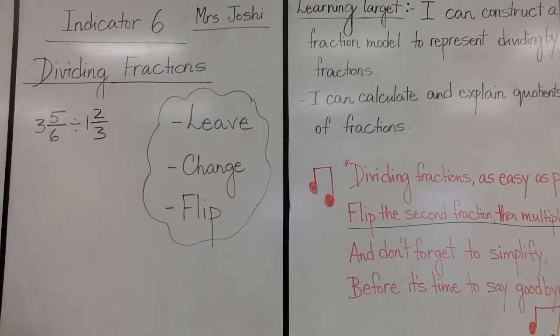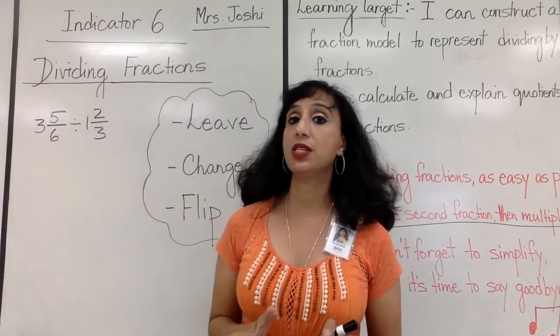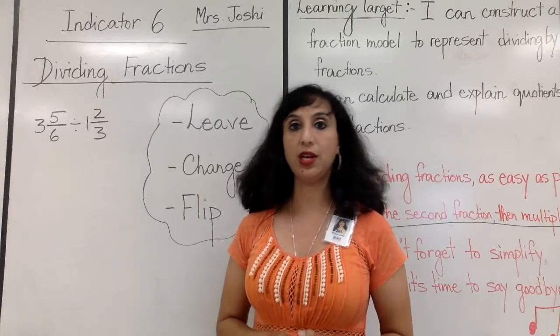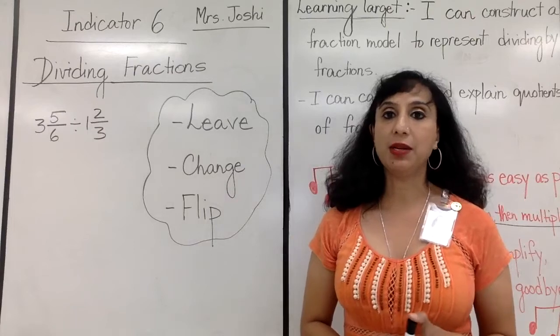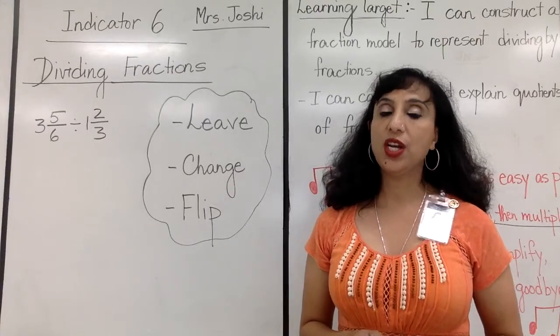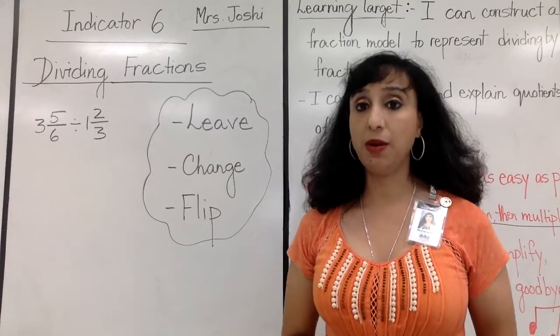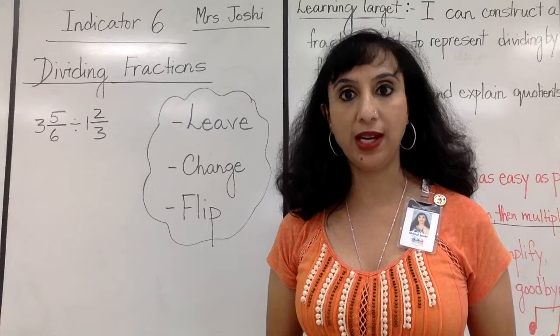Before you do anything, because if you do not do this step, guaranteed you are going to make a mistake. So first thing, just like in multiplication, change your mixed number to improper fractions, because we are talking about dividing and multiplying fractions, not adding or subtracting.